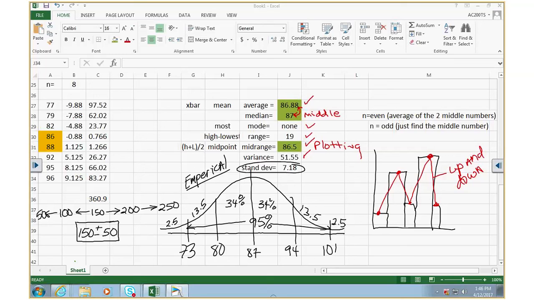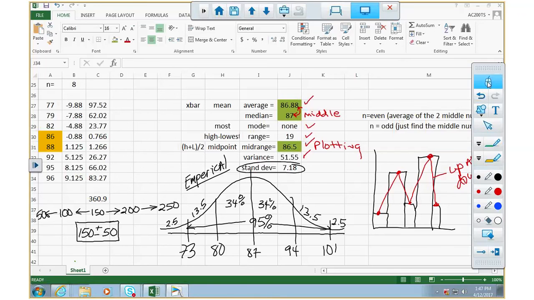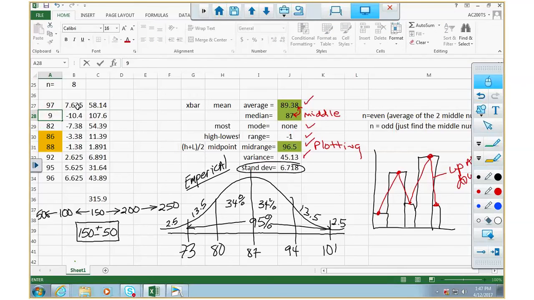Now, a while ago, I told you what would happen if you changed all these numbers to, let's say, 97, 97, 98, 98, 98, 99, 99, and 100.